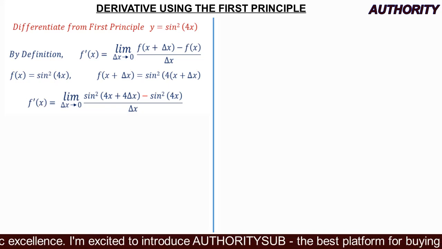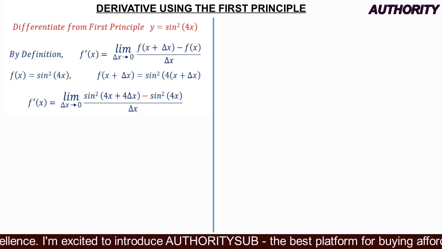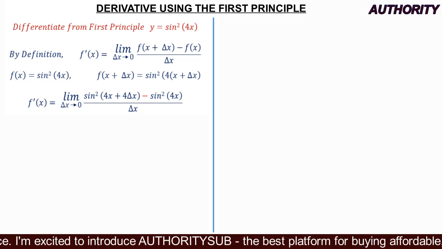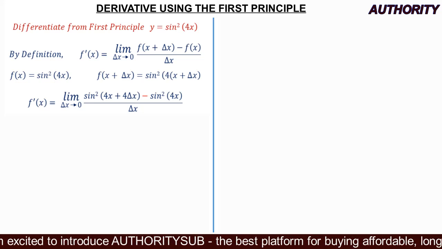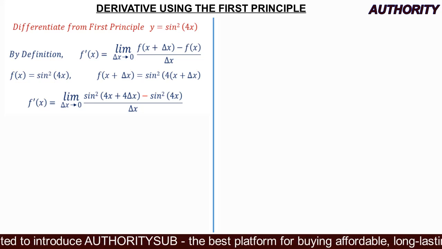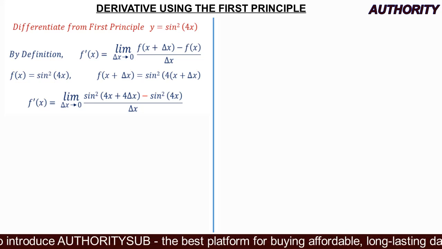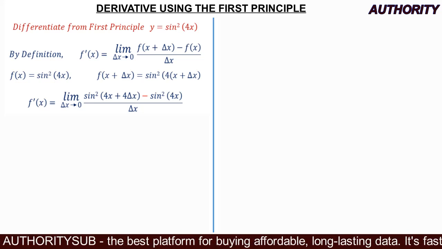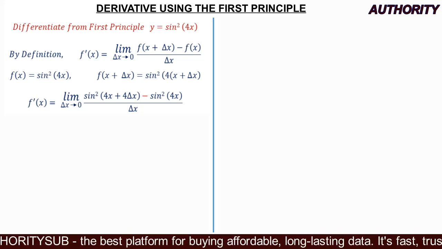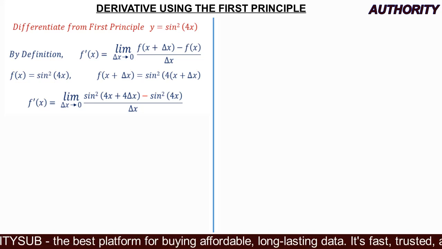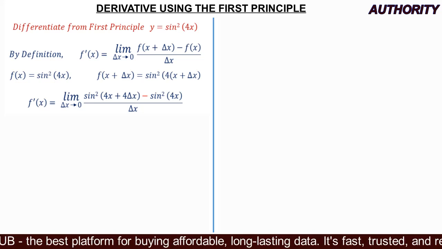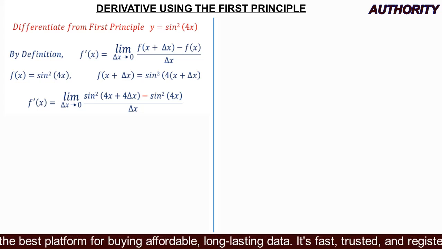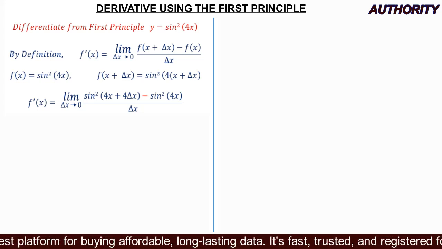In place of f of x plus change in x, we have sine squared 4x plus 4 change in x. I'm very sure you understand this, right? Good. Then minus, what is f of x that we have? It is sine squared 4x. Then all over change in x. Let's call this equation 2, please.